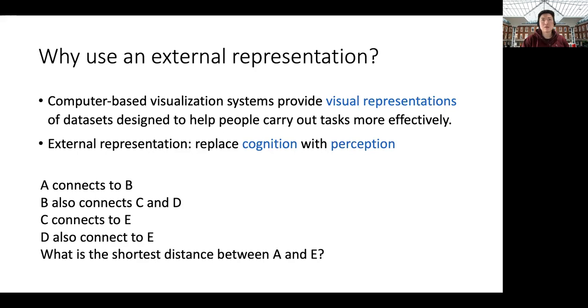Let's say the distance is 1 between A and B because A connects to B directly, and the distance between A and C may be 2 because A can connect to B, and then B connects to C. That's 2 steps. So does anyone know what is the shortest distance between A and E? No one? 3. 3? Yeah? Anyone else?